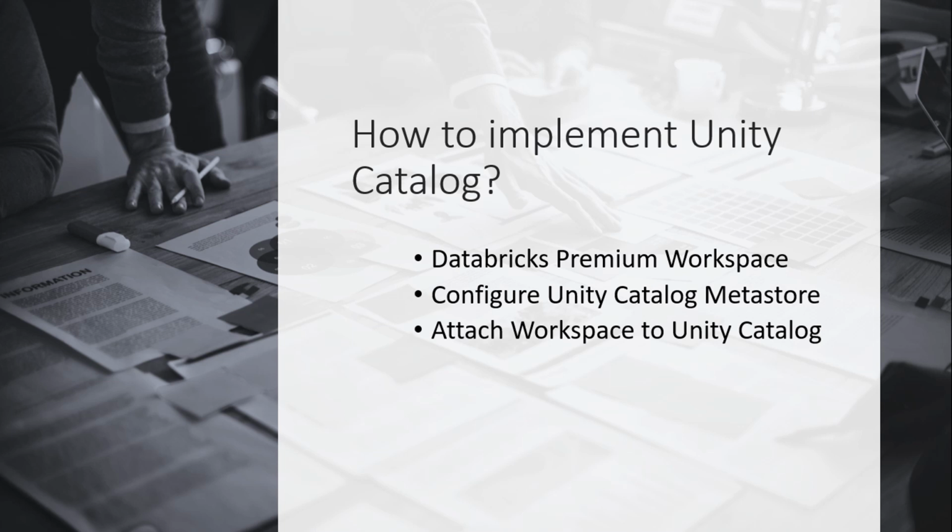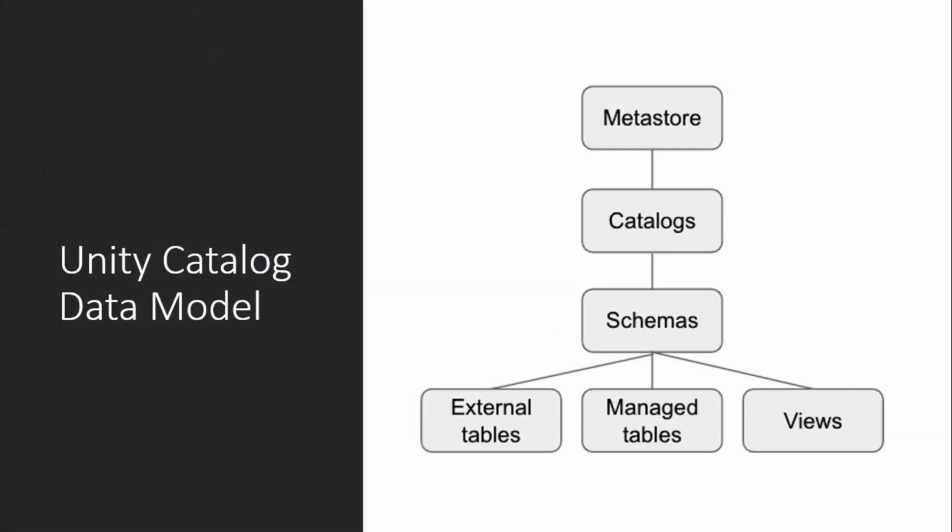But before that, let's look at the Unity Catalog object model. Unity Catalog defines your data objects in a hierarchical model. Here it is. You have a metastore at the top. It is a top level container where all your metadata and managed data objects such as databases, tables, and permissions are stored.